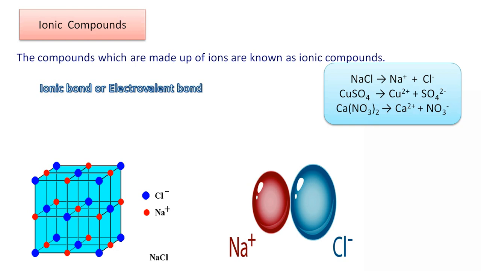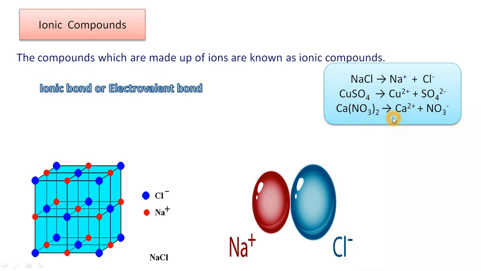You have 2 units of positive charge of copper and 2 units of negative charge of sulfate ion. See, the number of cations is 2 and the number of anions is also 2. That means the number of positive ions and the number of negative ions is equal, and the overall charge of the compound is 0.